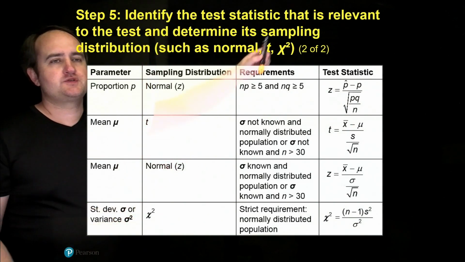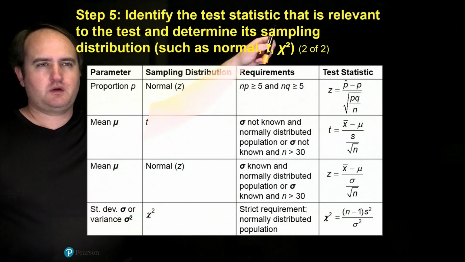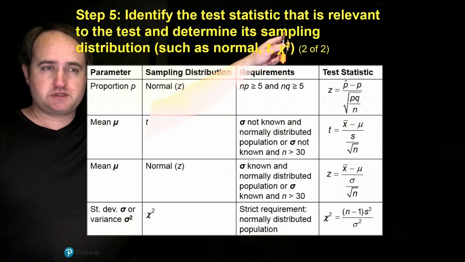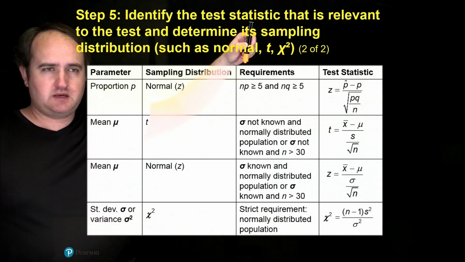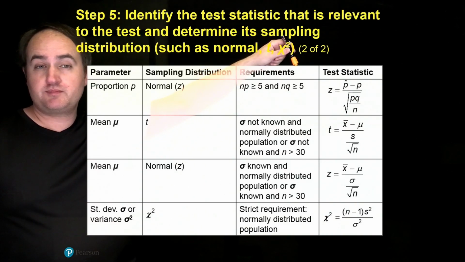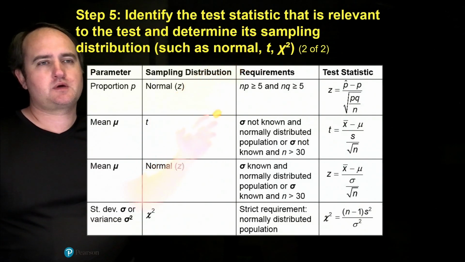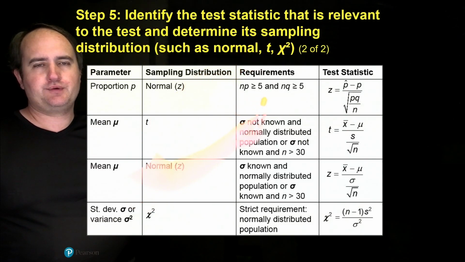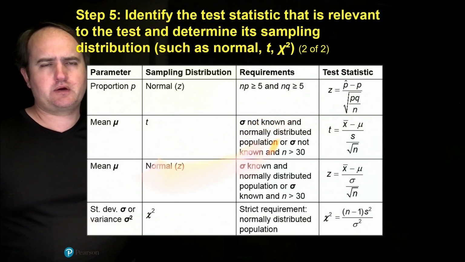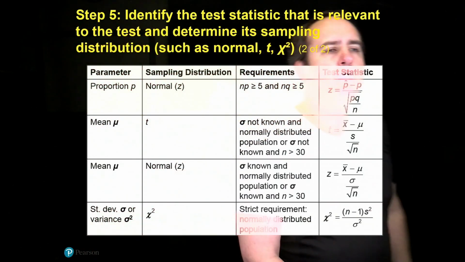These requirements here are useful if you're actually doing statistics in the real world, but for our homework, quizzes, and exam, these requirements will already be satisfied. So the requirements are np is greater than or equal to 5, and nq is greater than or equal to 5.